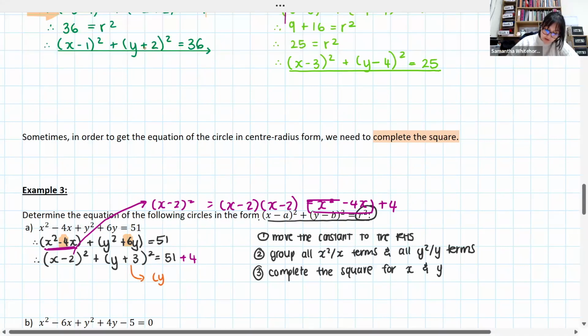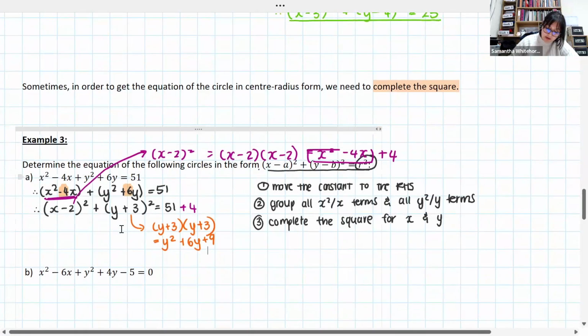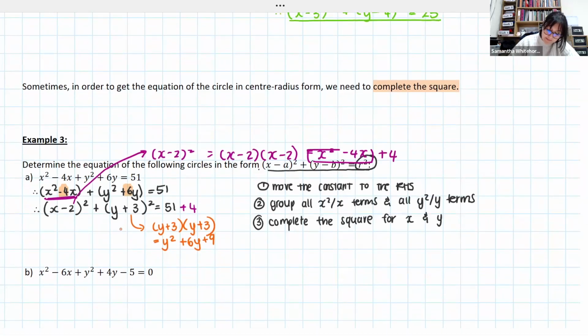You have now got y plus 3 times y plus 3, which if you expand that is y squared plus 6y plus 9. You already have the y squared plus 6y, but now you've added a 9. So on the right-hand side, you just add 9.